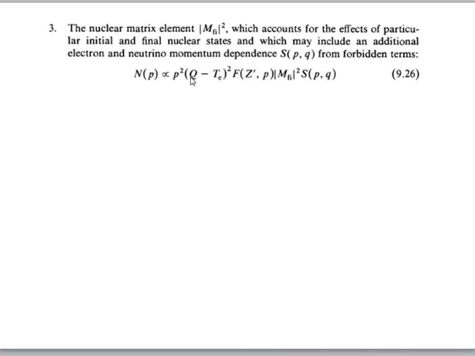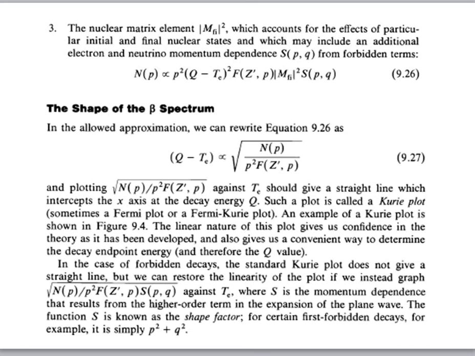So N(p) can be written as proportional to p squared (Q minus T) the whole squared, F(Z', p), M_fi the whole squared, into S(p, q). This will explain the shape of the beta spectrum and the energy share between the beta particle and the neutrino. So this is the Fermi theory of beta decay.